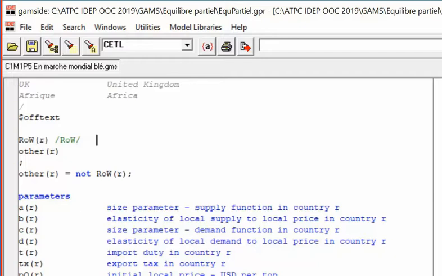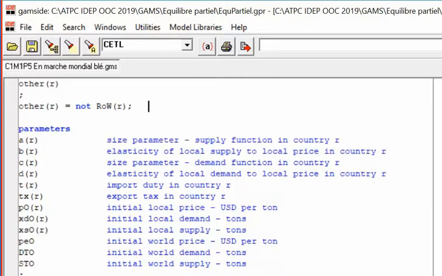And then I also declare another subset, which is other, a subset of R. Just after declaring these sets, I write other(R) = not ROW(R), which means that other includes all the elements which are not in ROW, but which are in R. So it is the complement of ROW within R. That explains this very concise way to define a subset.